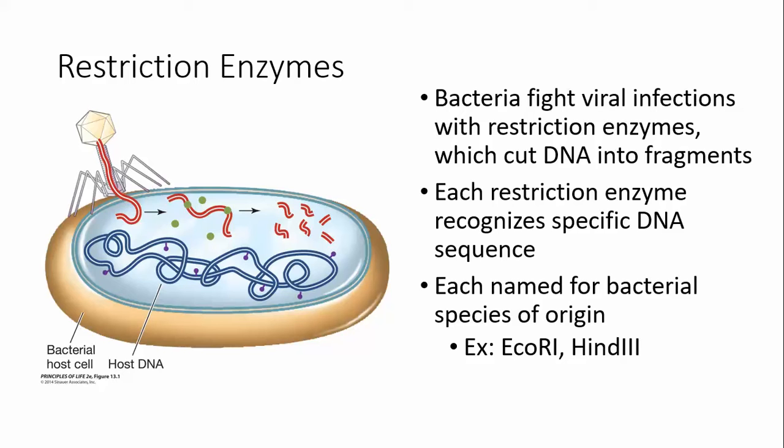So basically, when a virus is infecting a bacterium, it's going to insert DNA into the bacterium. Well, restriction enzymes are there to protect the bacterium from that viral DNA. So what it will do is chop up that viral DNA into little bits so that it's no longer functional.